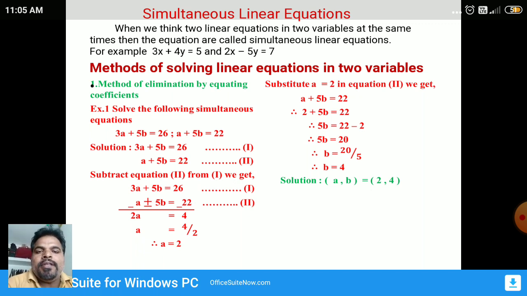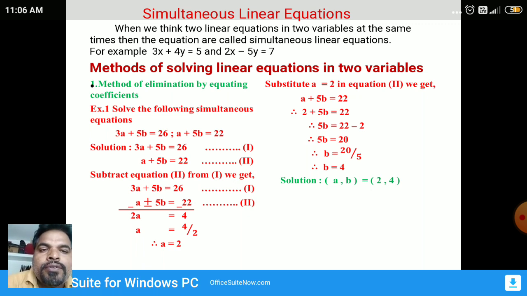In this method we take one example. The example is: solve the following simultaneous equations. The equations are 3a plus 5b is equal to 26 and the second equation is a plus 5b is equal to 22.